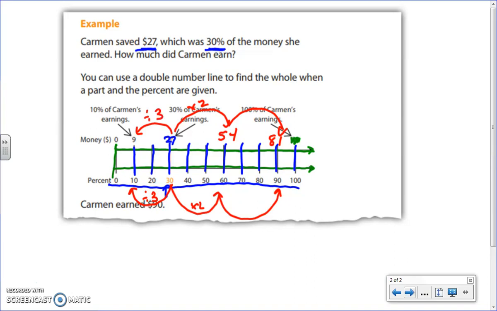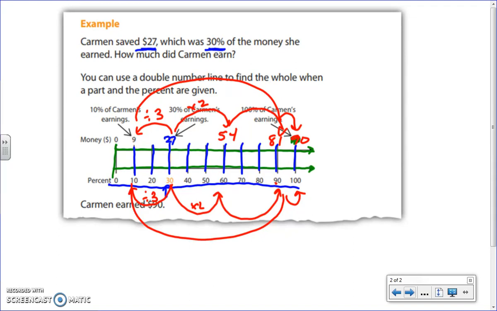And that's really an important one right there because I need to know how much she earned altogether. So if I know that in 10% it was $9, and I know 90% was $81, then I know 9 plus 81, 10 plus 90, that equals the total amount represented by 100%, or 90 altogether.